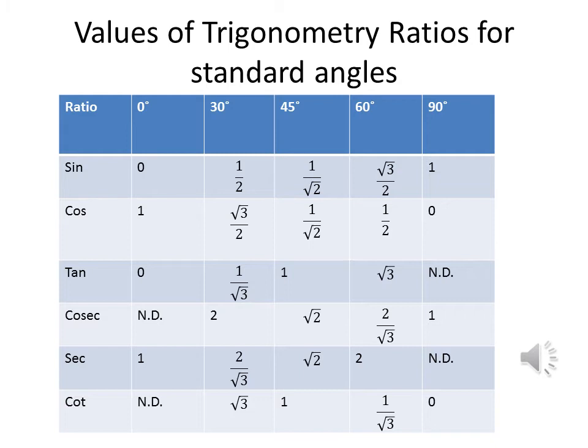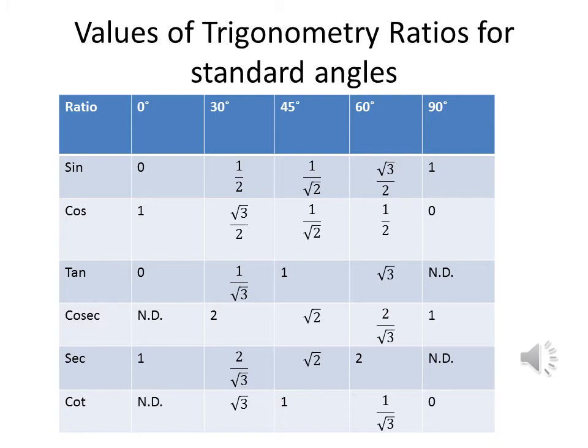Then sin 30 is half. Cos 60 is half. Sin 60 is root 3 upon 2. Cos 30 is root 3 upon 2. Sin 45 is equal to cos 45 equal to 1 upon root 2. So once you get the first two rows, the third row can be found out by dividing the corresponding values.